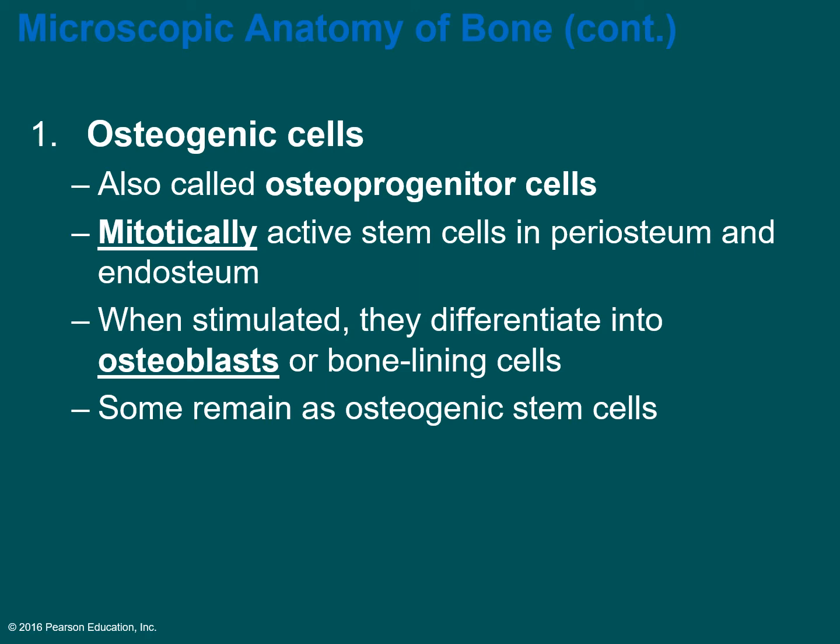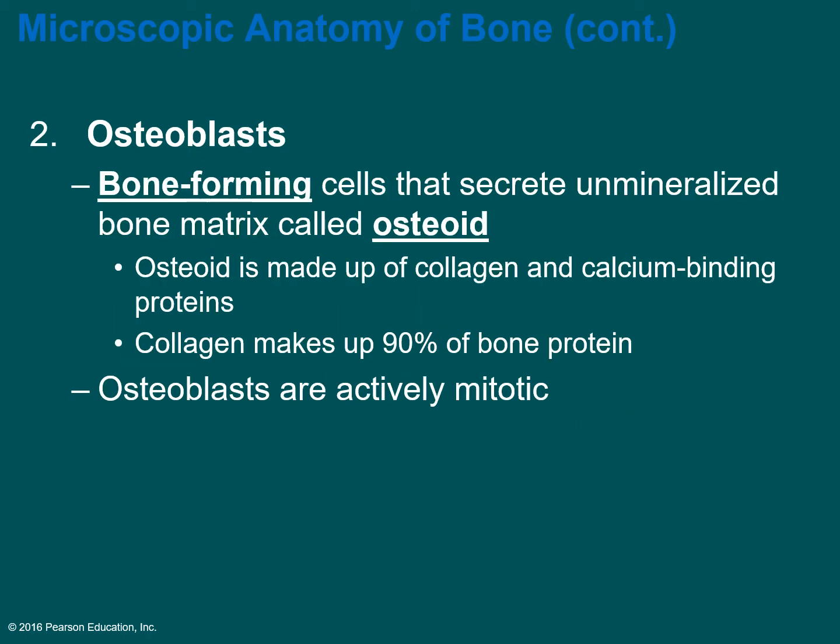So here's what's going to happen: they are stimulated to go through mitosis, through cell division. And one of them will always remain as an osteogenic stem cell, so that can continue going through mitosis. Then one of them will differentiate into either an osteoblast or a bone lining cell.